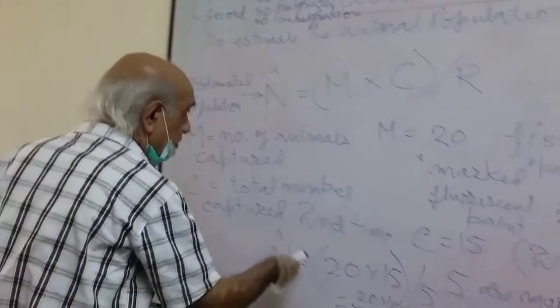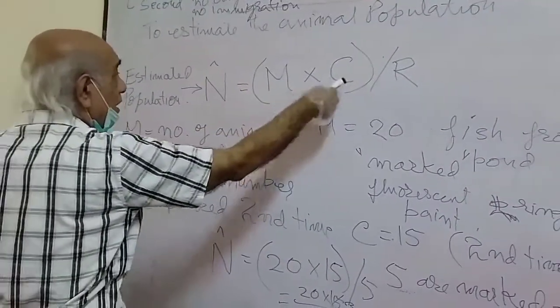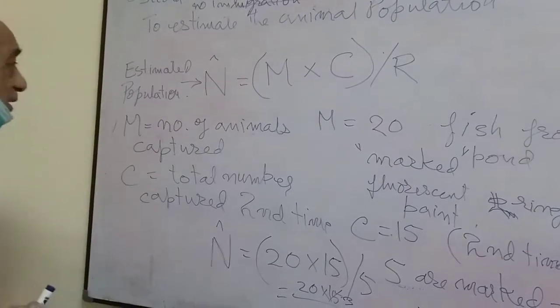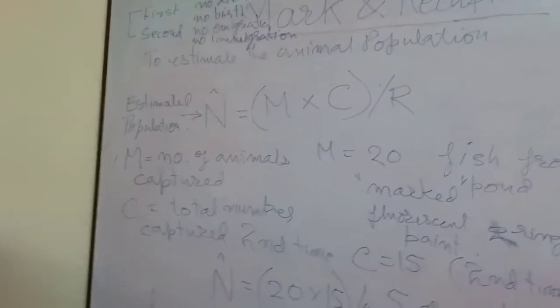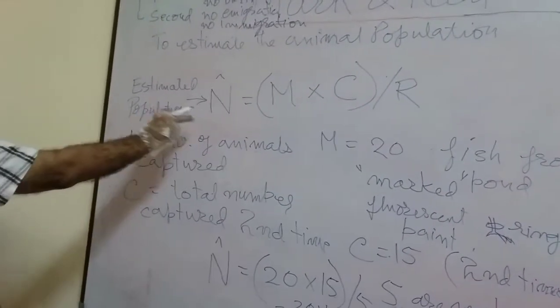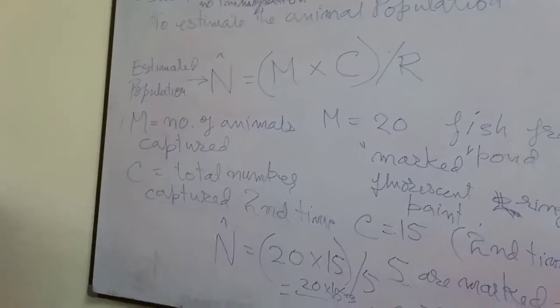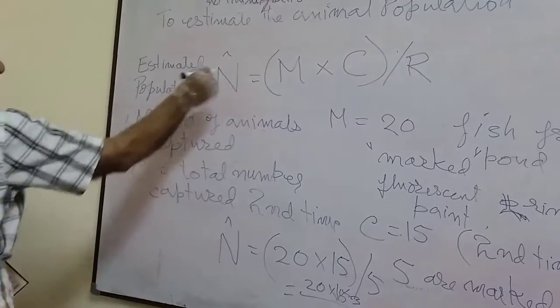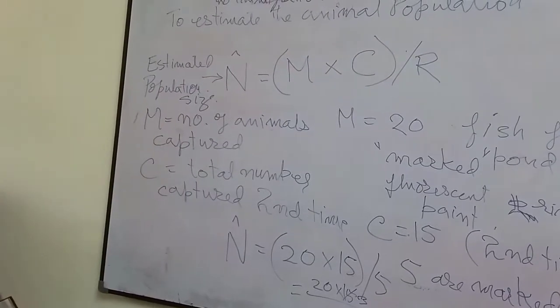And then using the formula, marked into the second capture divided by the number of marked in the second capture, we can find out the total population or estimated population size, which is called n-hat. So is it clear to you?